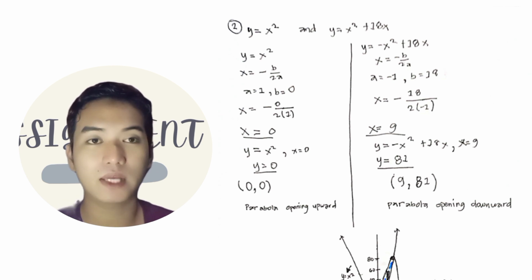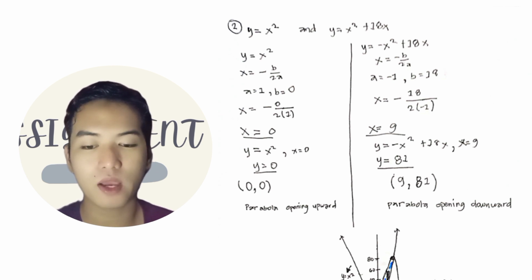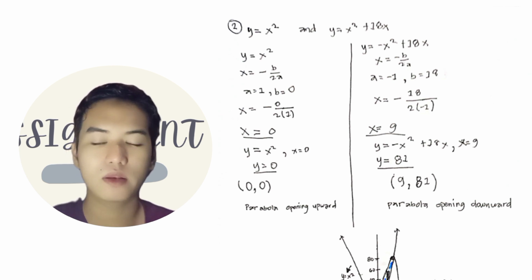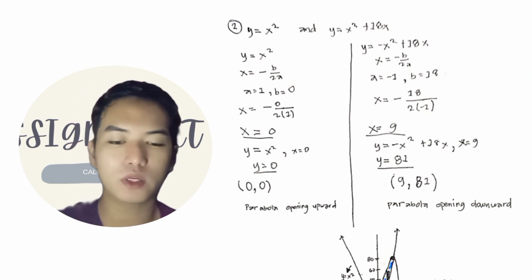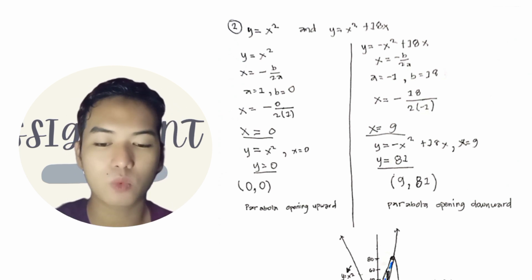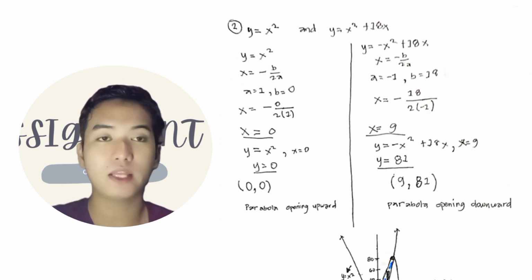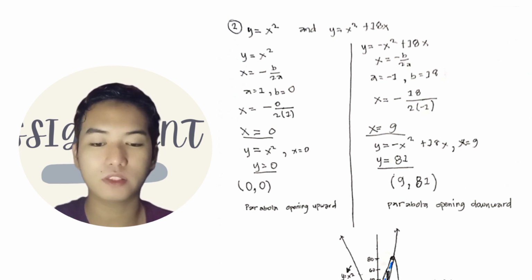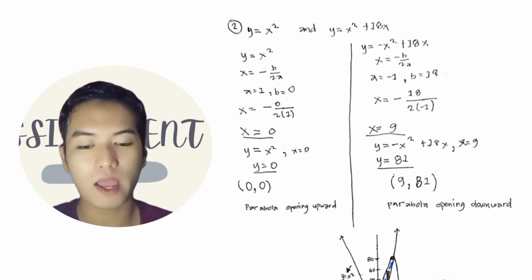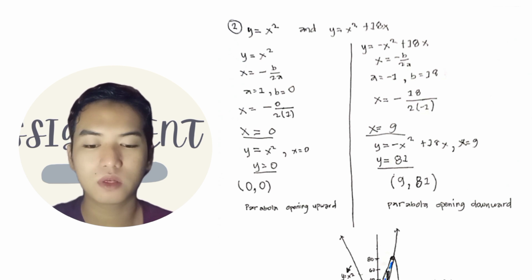So plug into the formula. We have x equals negative 0 over 2 times 1, and basically the answer is x equals 0. Since we have the value of x, we can now easily find the value of y.